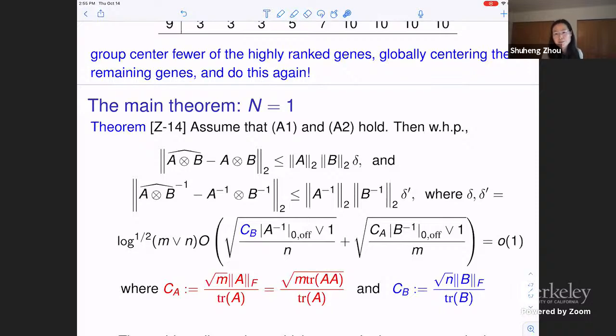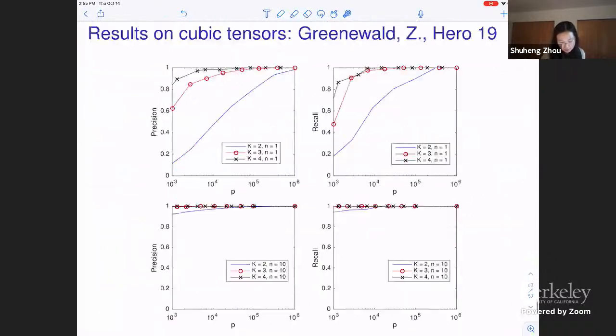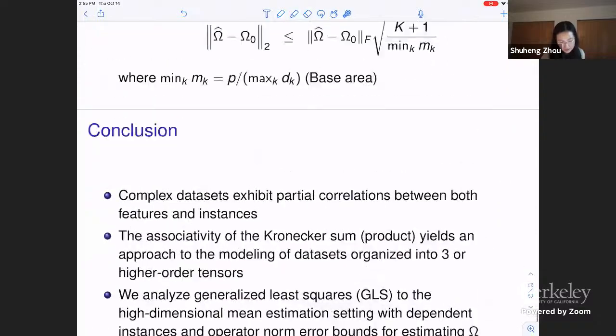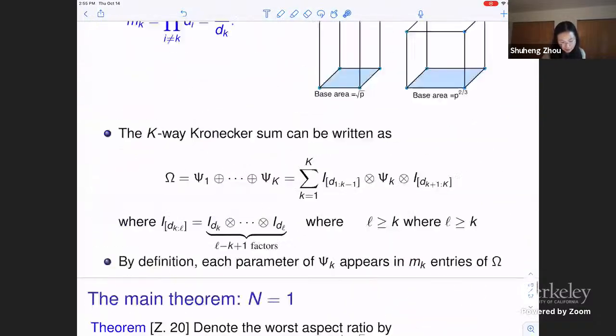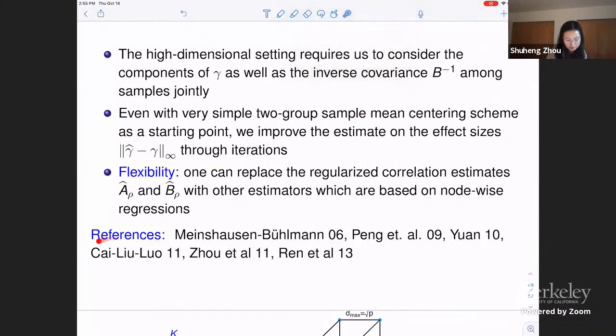But you can replace the assumptions by some other assumptions. For example, as I cited here, in my original paper, I actually used a result from Cai et al. to make different types of assumptions on the covariance A and B to derive even tighter bounds. And if you use a node-wise regression, your rate would depend on the maximum node degree rather than the total number of nodes. That is my ongoing work, in the context of missing values. So for the Kronecker product, you can prove convergence with N equal to 1.